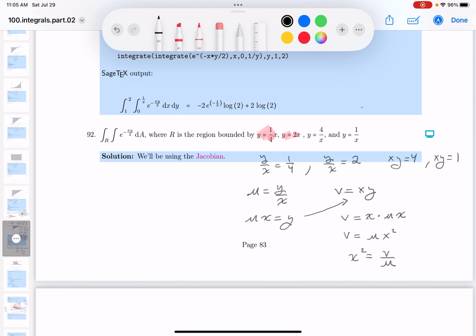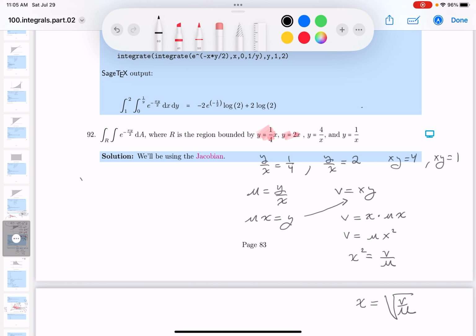All right, let's keep going. I know I'm in the first quadrant, so I'm going to say x is positive. So this should be relatively easy to do. I'm going to say the root of v over u. All right, let's see if we can get the y in terms of u's and v's now.